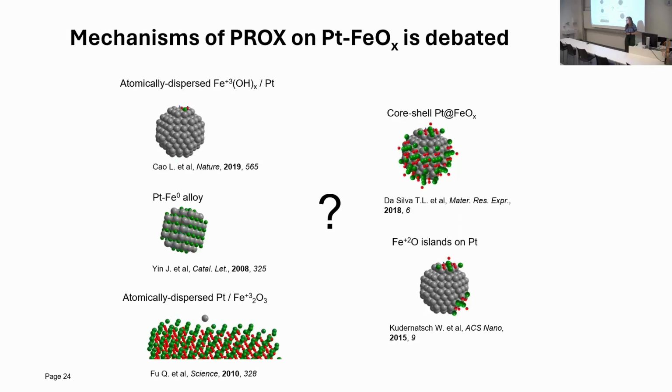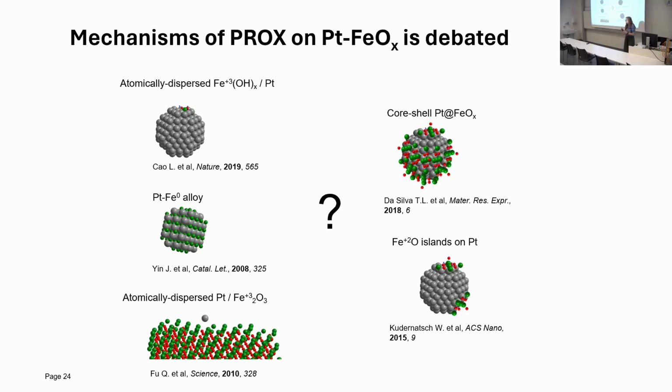In the literature, many types of active sites have been suggested for this catalyst. In particular, it's not clear in which state iron should be to make this catalyst active. Sometimes it's suggested to be iron 3+, sometimes iron 0, sometimes iron 2+.